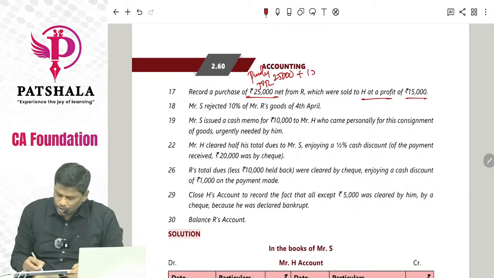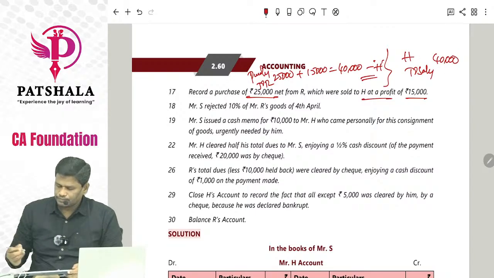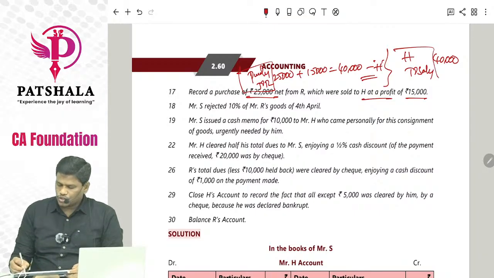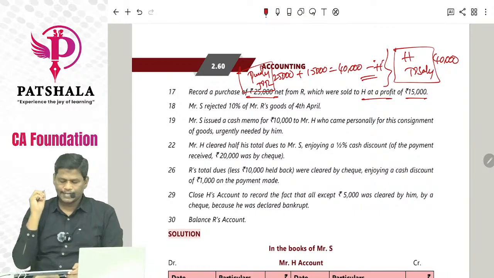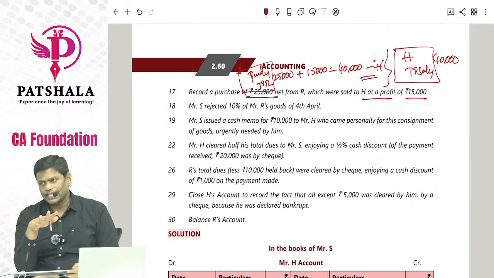We sold at a profit of 15,000, that means 40,000 to H. Tell me the entry. H account debit to sales. How much? Clear? So purchases to R, H to sales. Tell me now, where do you write in the R account? By purchases. In the H account, to sales. Clear?